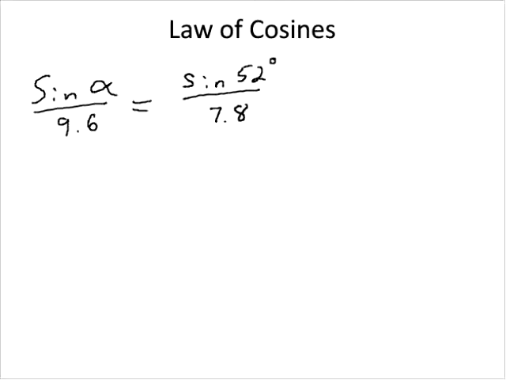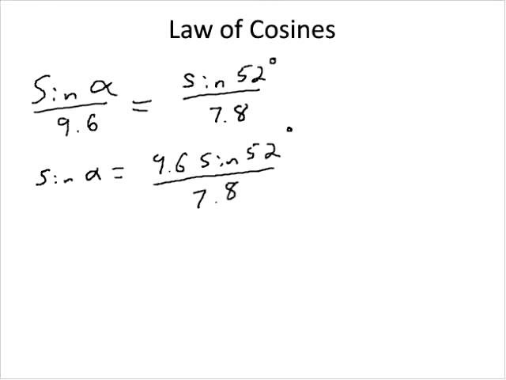And then again, I'm going to use cross multiplication to figure this out. So I'll say sine alpha is equal to 9.6 times the sine of 52 degrees, all divided by 7.8.